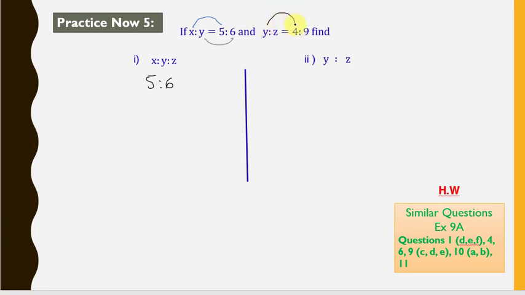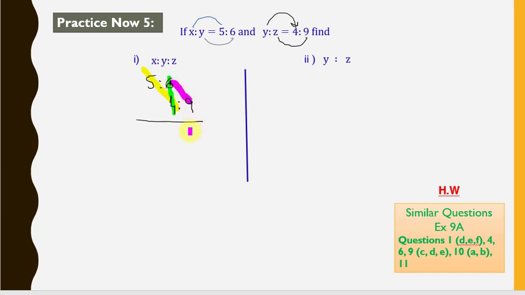So it means that the other value of y is 4. So I will put the value just below this 6. It is 4, and z is 9. As you can see, it is 9. Fine.